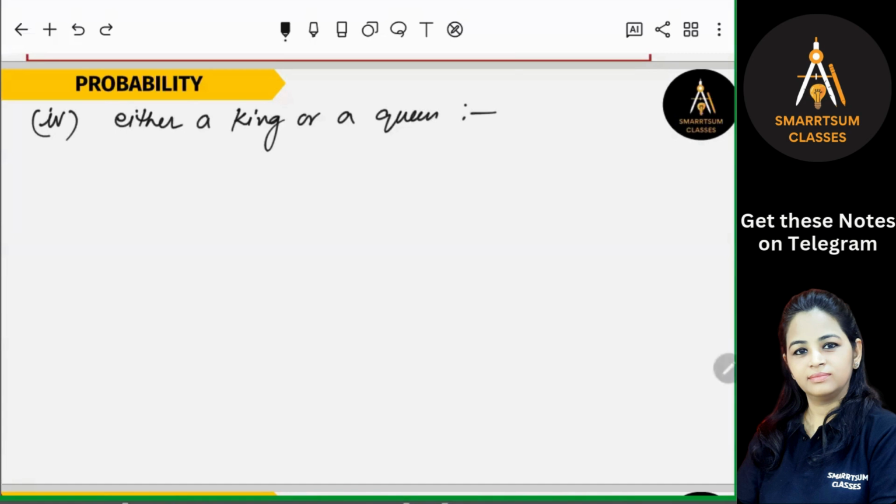So how many kings are there? There are 4 kings and 4 queens in total, right? 4 kings, one of each suit. Similarly, 4 queens, one of each suit. Yes or no? In the whole 52 deck of cards.